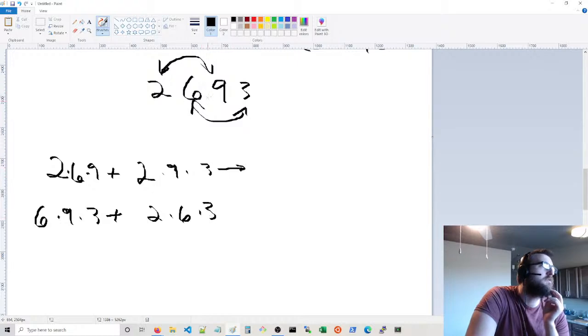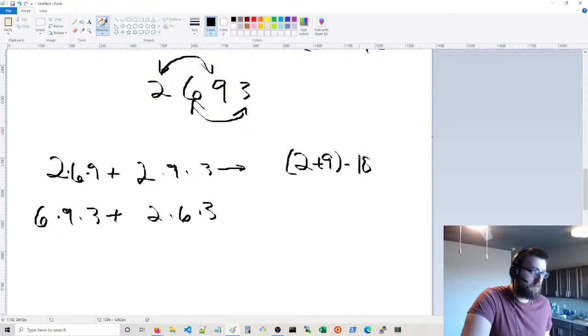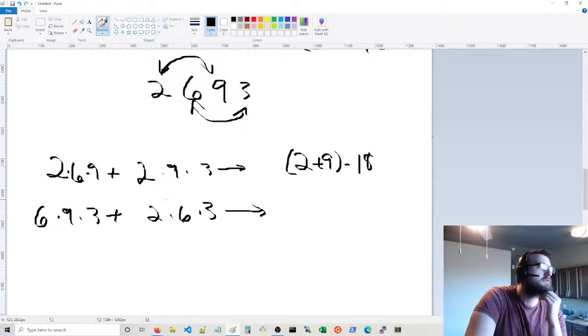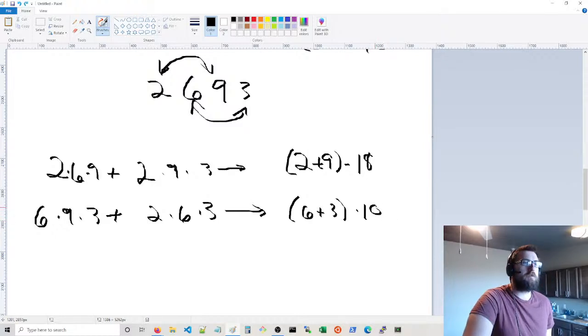This one would give you 11, 2 plus 9 times 18, and this other one gives you 9, 6 plus 3 times 18. The first one is the one that I was saying we want.